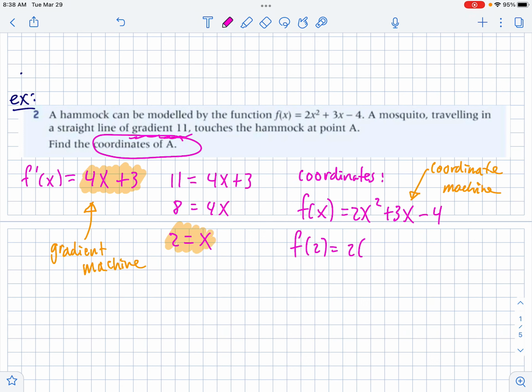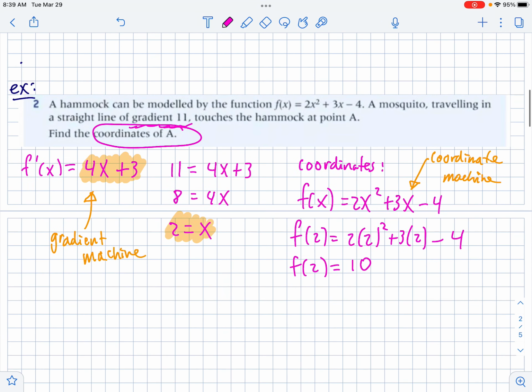So we are going to take x equals 2 and put it into that function. So f of 2 is 2 times 2 squared plus 3 times 2 take away 4, which if you simplify that is 10. So f of 2 is equal to 10. That means the mosquito is going to touch the hammock at the coordinate (2, 10).